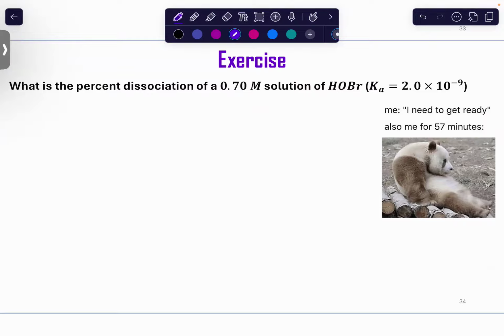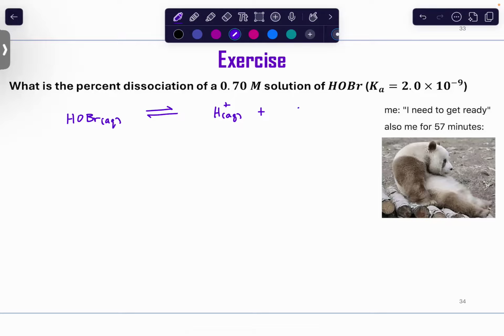What is the percent dissociation of 0.7 molar HOBr? Okay. Well, let's look at our dissociation equation. What's my anion going to be?